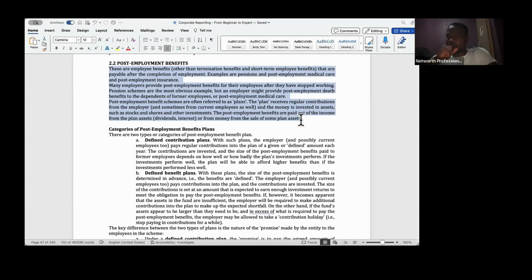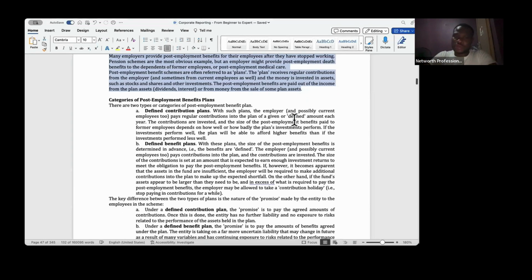However, the kind of plan an entity has is what determines how you account for it. So there are two plans, and that's where we are going here. Number one, there is the defined contribution plan.